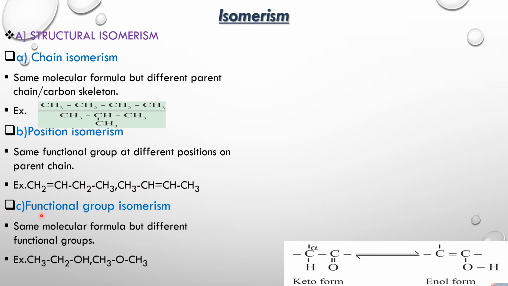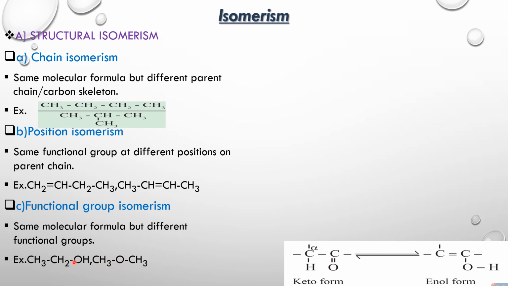Then the third type is functional group isomerism. In these isomers, the functional groups are different. These compounds have the same molecular formula, but different functional groups. For example, CH3CH2OH. It is ethanol or ethyl alcohol, and its isomer is CH3OCH3.